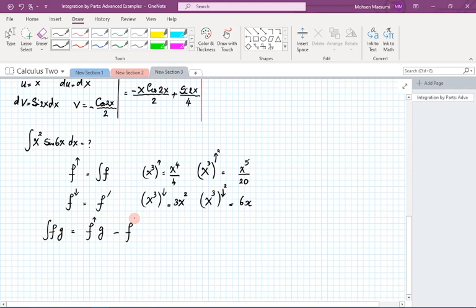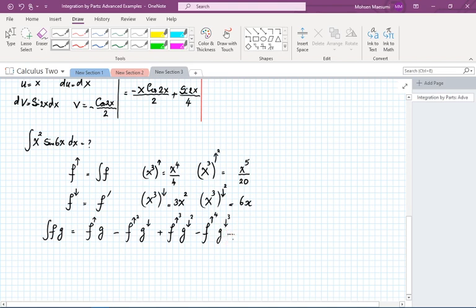For example, here you take f up twice and take this one down once, and then if you want to continue, this one will be up 3 times and this one will be down twice, and so on. What do you think is going to be next? The signs alternate and the powers go up. So it's going to be 4, for example, and this one going to be down by 3, and so on.